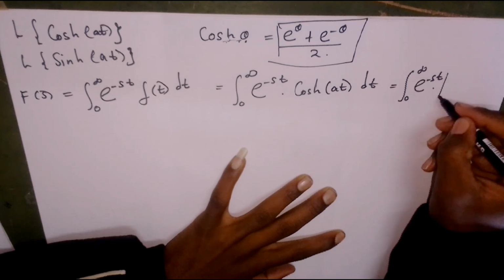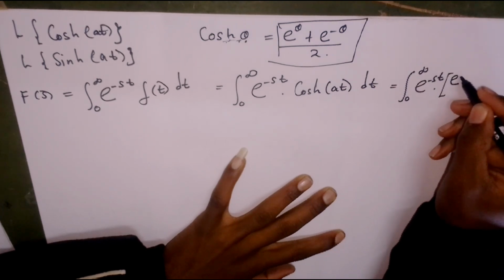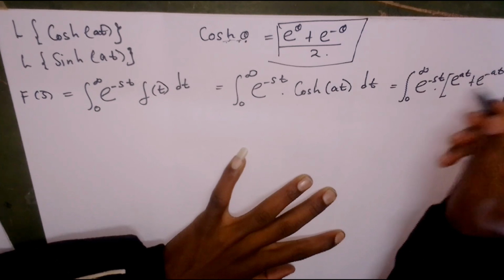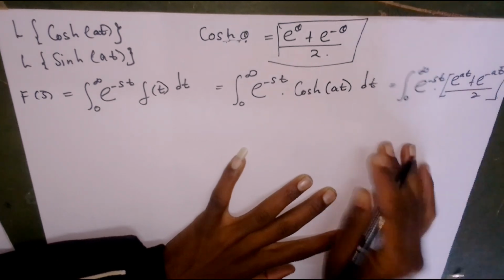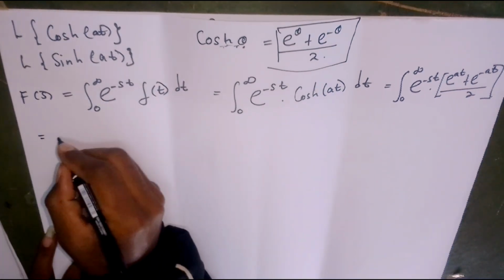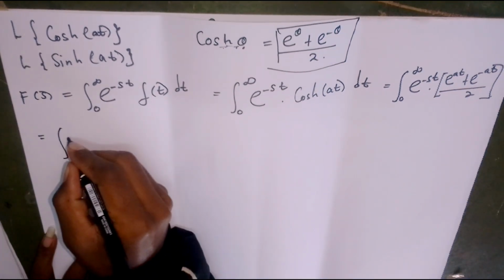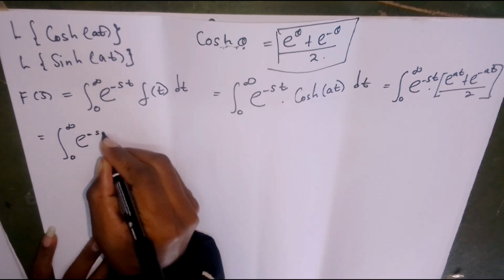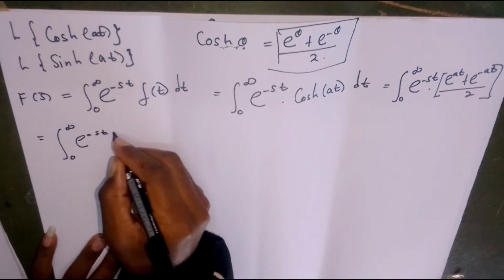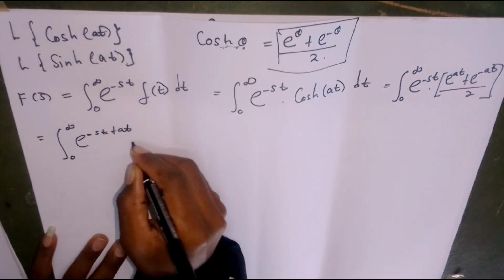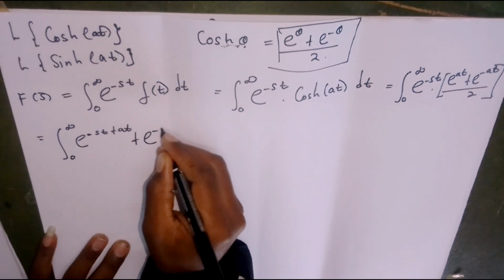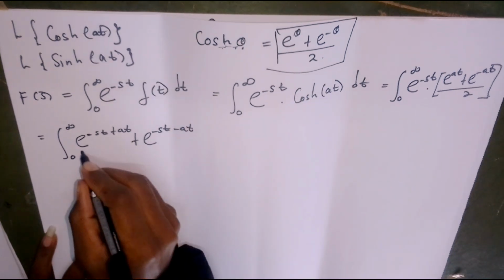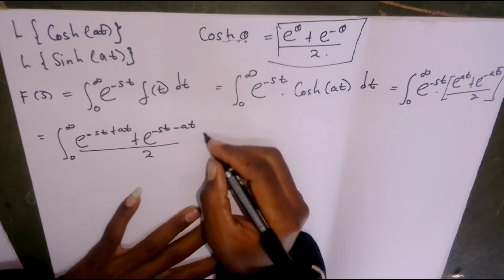So it means here we are going to replace with e to the power at plus e to the power negative at over 2. And then we can solve what we have in the brackets, e multiplied with another e, you can get e to the power negative st plus at plus e to the power negative st minus at all over 2 dt.